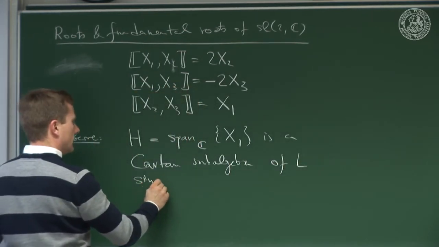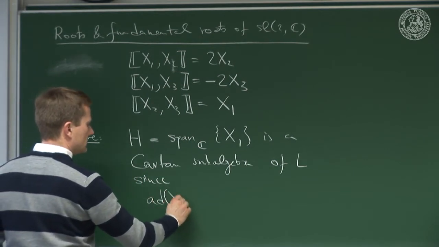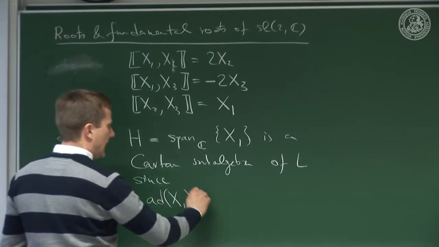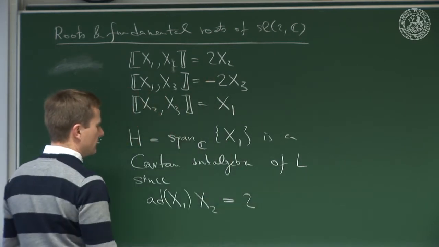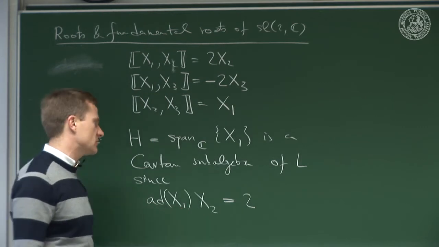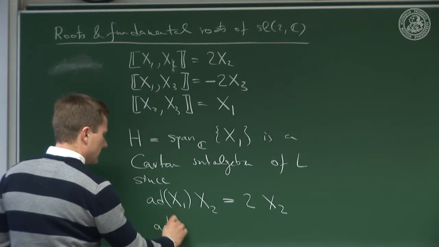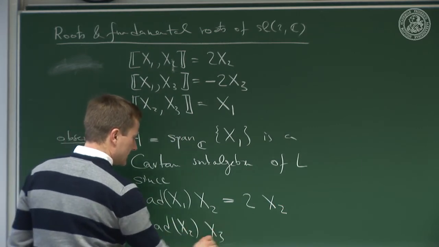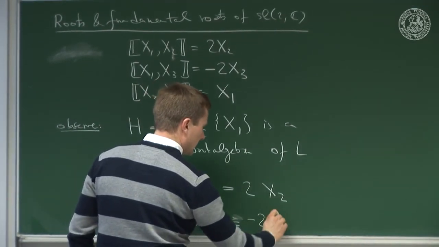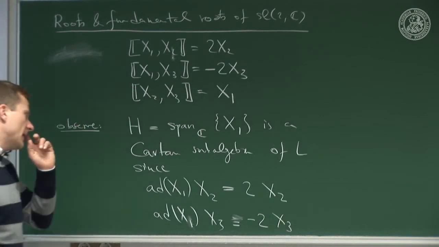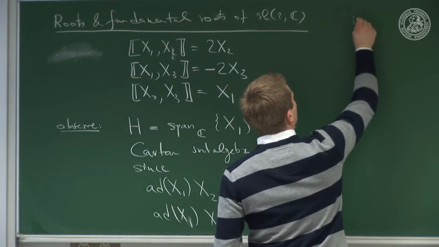Why is that? Well, the adjoint of x1 acting on x2 is, by the definition of the adjoint being just the bracket between x1 and x2, 2x2, and the adjoint of x1 on x3 is minus 2x3. And so we have a decomposition of the basis.